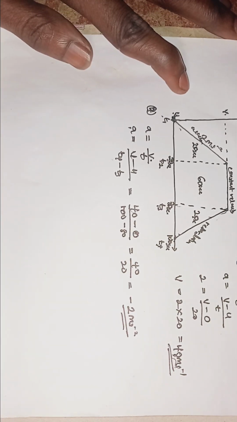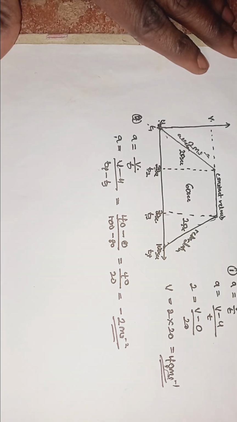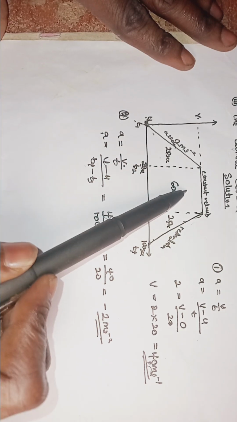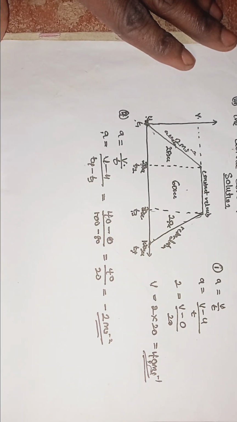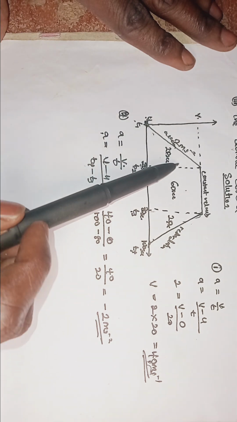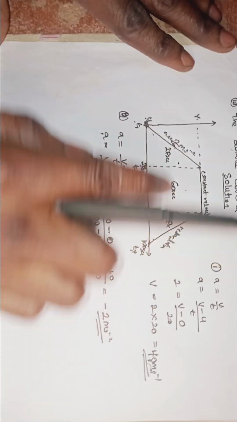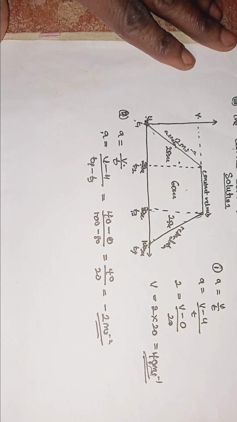So for the last question, they said we should calculate the total distance covered. Total distance covered during the acceleration, during the constant velocity, and during the retardation. We are going to sum all the three boxes that we have here, the two half triangles and the rectangle at the center.